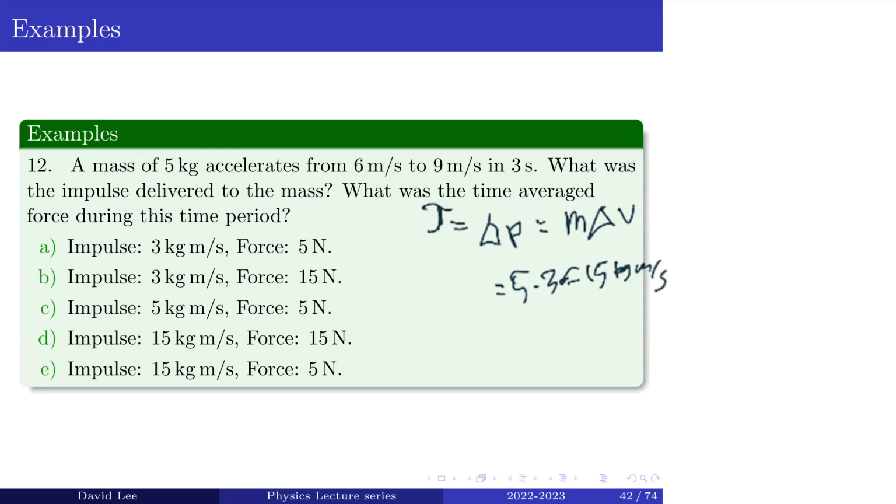And time averaged force, well, there's two ways. You can just calculate the acceleration and multiply it by the mass. Or since you already have the impulse, you might as well just use force equals impulse divided by time.